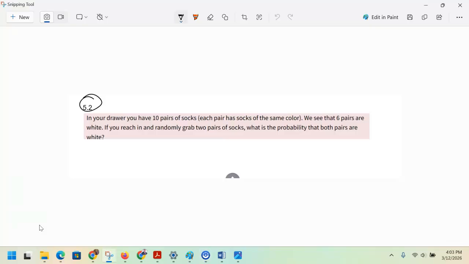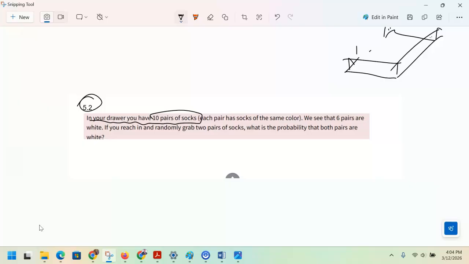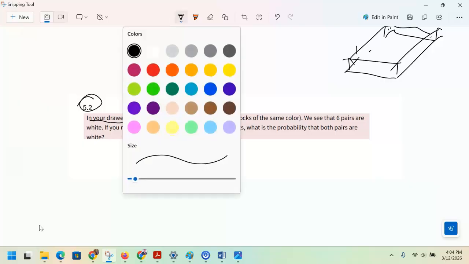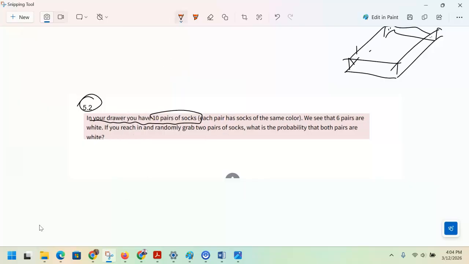So 5.2: in your drawer you have 10 pairs of socks. If this is a drawer here and you have 10 pairs of socks inside, 6 pairs are white.